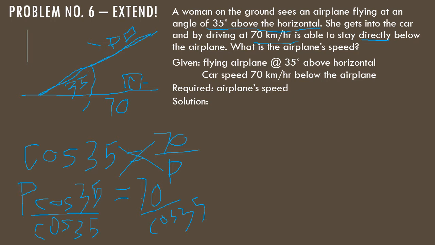So next is cross multiplication. So P times cosine 35 is equal to 70. So para ma-eliminate natin yung cosine 35 at natira lang ay yung hinahanap nating P, let's divide first both sides by cosine 35. So this one will be cancelled.